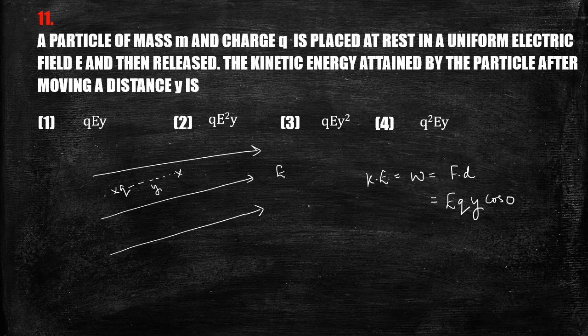And there is a cos theta here. F dot d is F d cos theta. Here the displacement and the force are in the same direction. Therefore, it is cos 0, and cos 0 is 1. Therefore, kinetic energy is equal to qEy. Therefore, option 1 is the right answer.